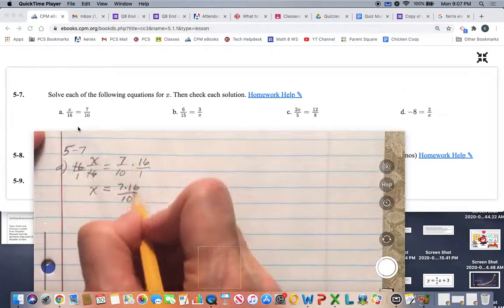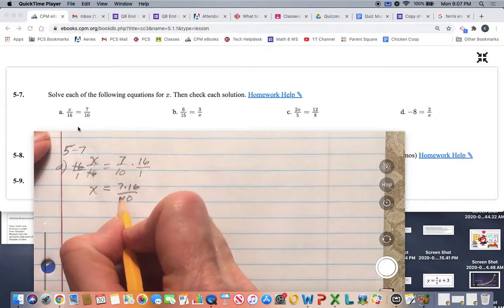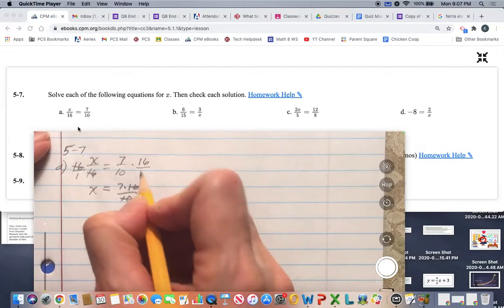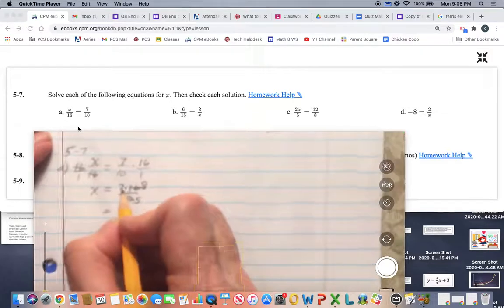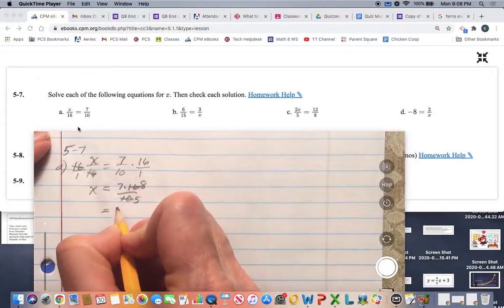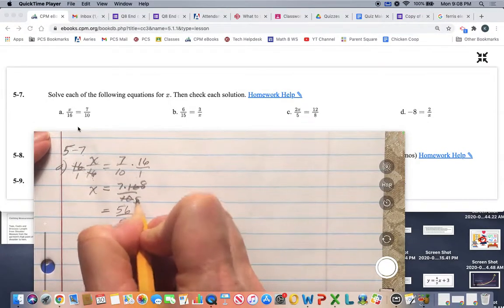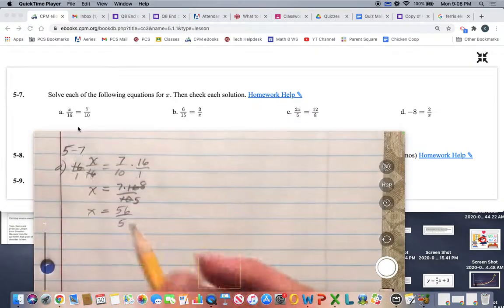And if we do a little bit of canceling, that'll make the math easy for us. 2 goes into 10 5 times, and 2 goes into 16 8 times. And so what we have left is 7 times 8, which is 56, divided by 5. So x is equal to 56 over 5.